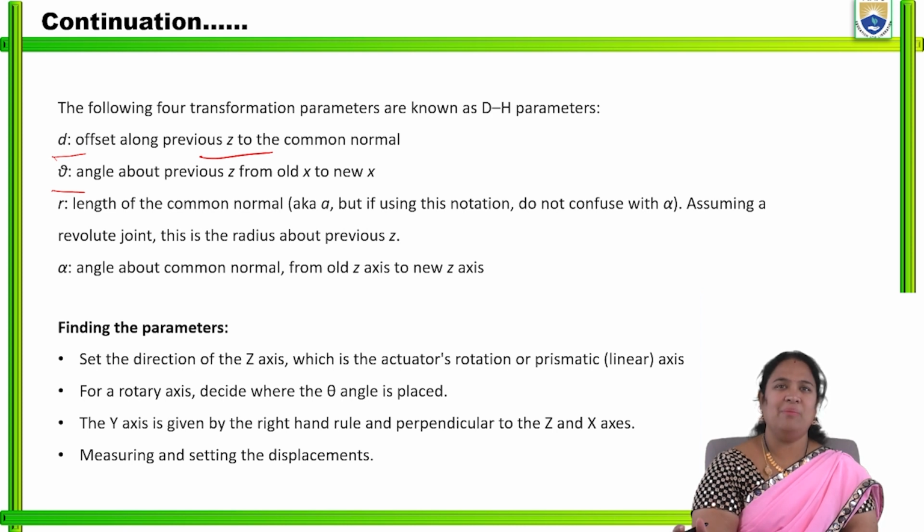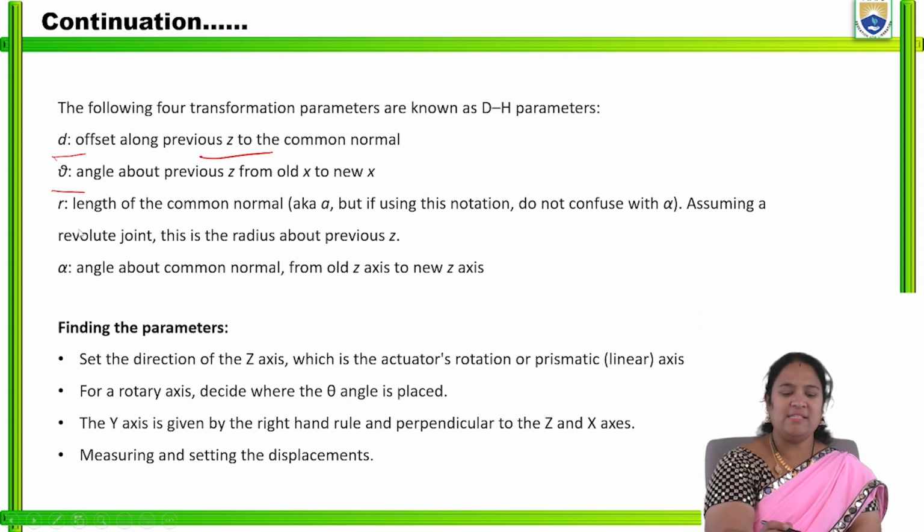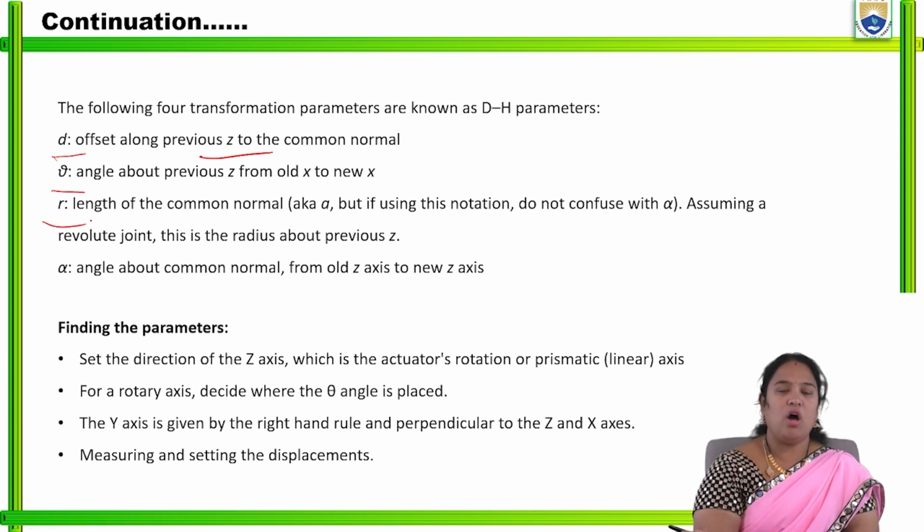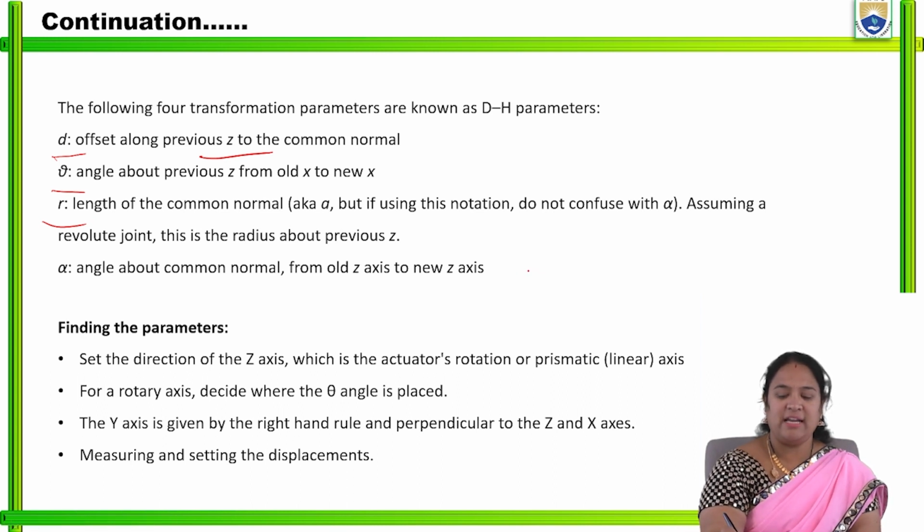Where theta is the angle about the previous z from the old x to the new x, whereas r is nothing but the length of the common normal, right? r is the length of the common normal, and alpha is the angle about the common normal. That is, at the end effector we have an angle alpha. This r is nothing but the ai, which is known as the distance, the length of the link, and theta is the angle which has been obtained at the first initial joint, right?